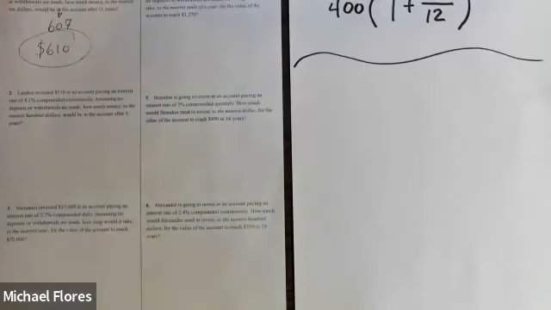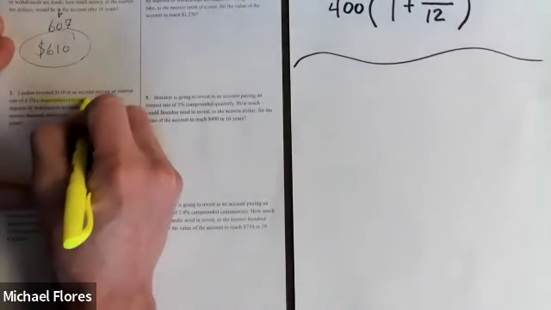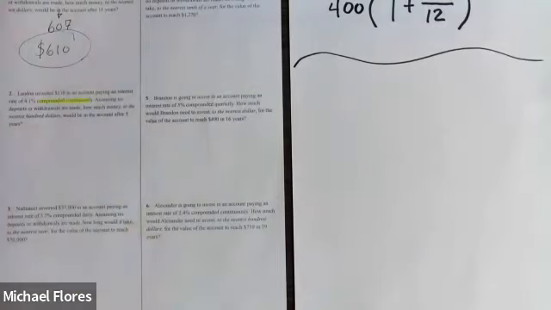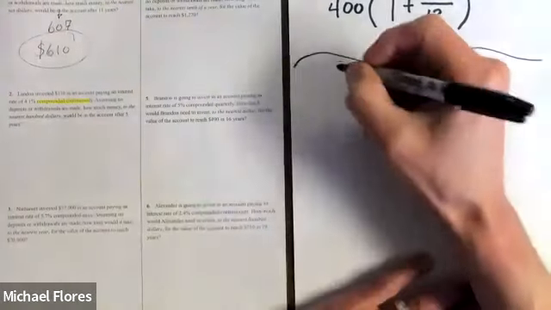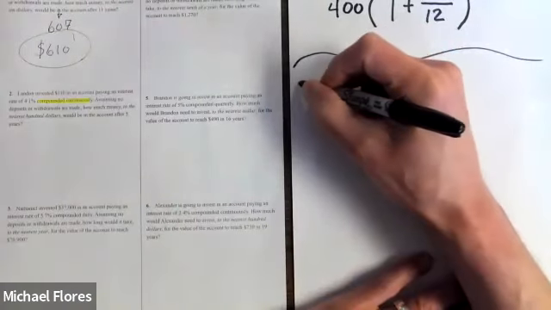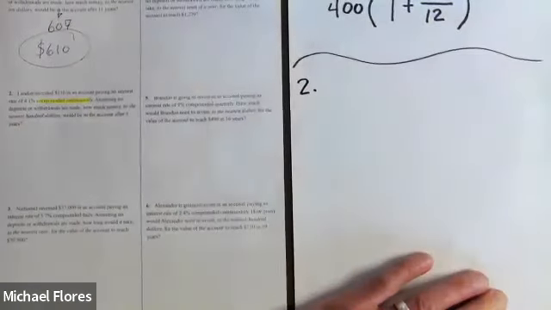Example 2, Landon invested $110 in an account paying an interest rate of 4.1% compounded continuously. That's the key word. So we're going to use compound continuous formula here. Assuming no deposits or withdrawals are made, how much money to the nearest $100 would be in the account after 5 years?